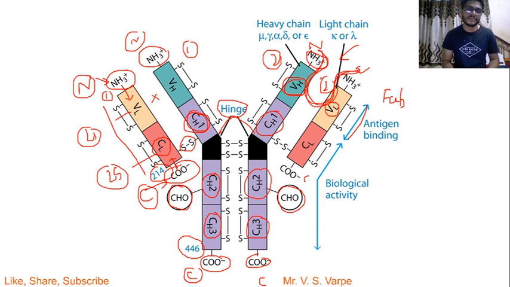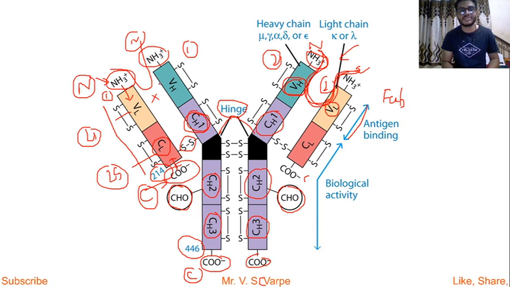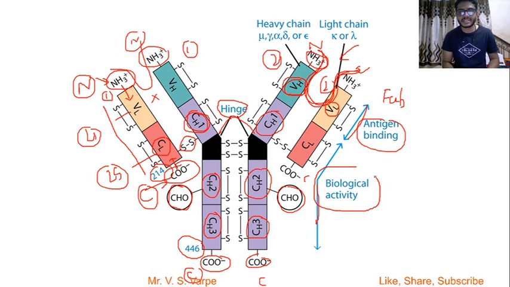On the same side, one more Fab region is present with the same function of antigen binding, and this is the actual antigen binding site of this structure. That's why this region is called the Fab region. And this region shows some biological activity. This region is called the FC region.